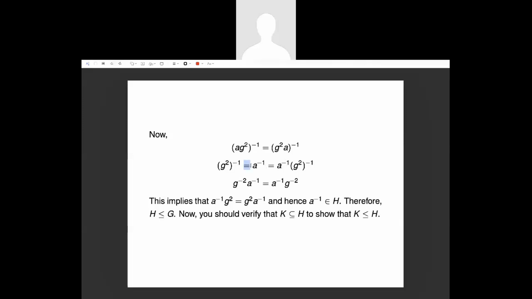Using the property that (AB) inverse is B inverse A inverse, g squared inverse a inverse is equal to a inverse g squared. Now g to the power minus 2 a inverse equals a inverse g to the power 2. This implies that a inverse g squared is equal to g squared a inverse, and hence a inverse is an element of H. Therefore H is a subgroup of G.